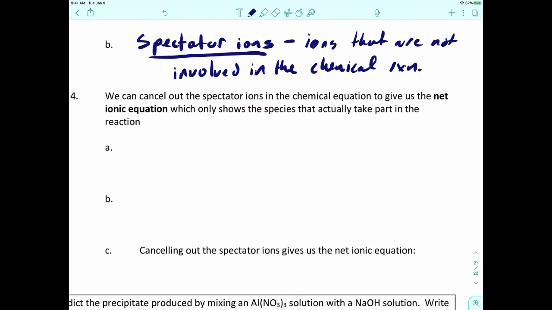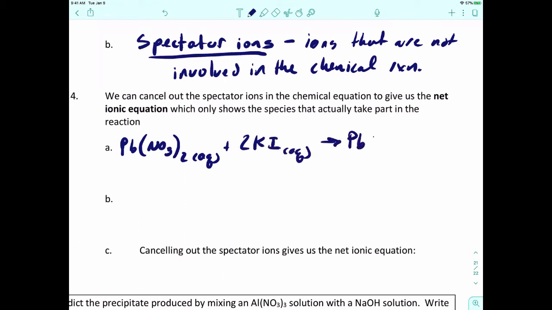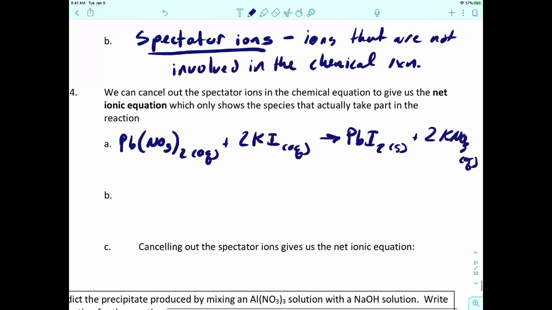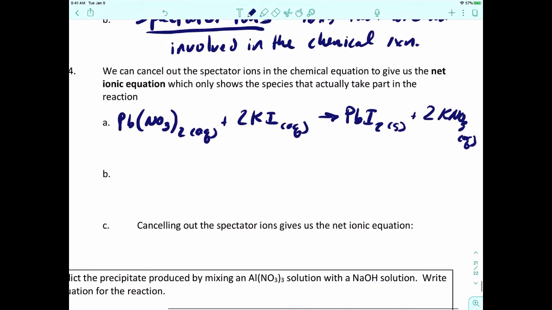So the molecular equation went like this: Pb(NO3)2 aqueous plus 2 moles of KI aqueous yields PbI2, a solid, plus 2 moles of KNO3 aqueous. All right, so that was your molecular equation. For the ionic equation, we write everything as ions except for the precipitate.